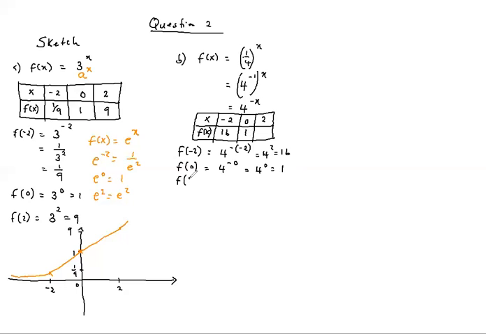Then f of 2, we have 4 to the negative x, but the x coming is positive, so the negative remains. This is the same as 1 over 4 squared, which is 1 over 16. And so we are able to sketch. We have negative 2, 0, 2, and we have 16, 1, and 1 over 16.